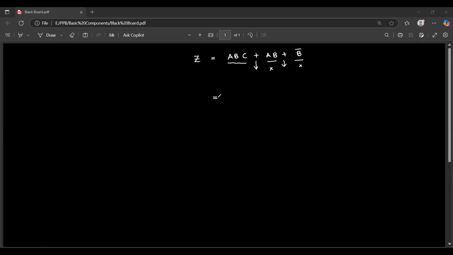So first of all, ABC we can write down directly, no worries. But AB can be given as AB into C plus C bar. I'm just skipping one step. Well, we won't; we'll just do it step by step. AB dot 1 plus B bar into 1. And we can give ABC here.